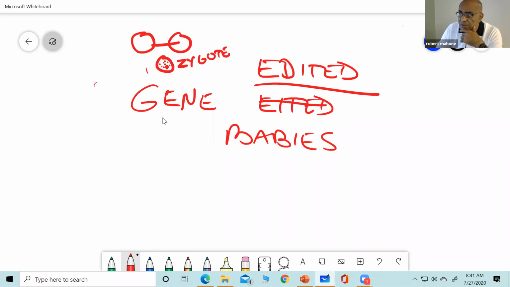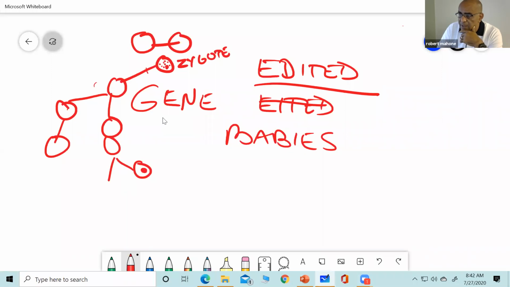If this thing starts to reproduce and create more cells, all of these cells will be part of you. If you edit this one, it will only apply to the ones that come out that side. All the rest will continue in their chain. So if you're going to edit, it has to be done at the very first cell, so that all of these will have the edit and not just one offshoot of them.